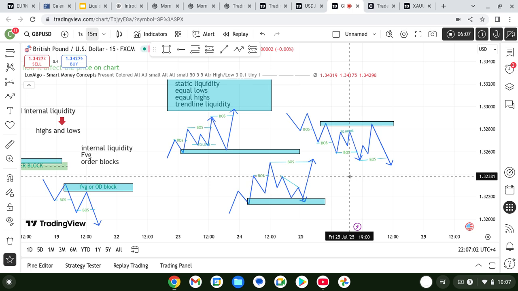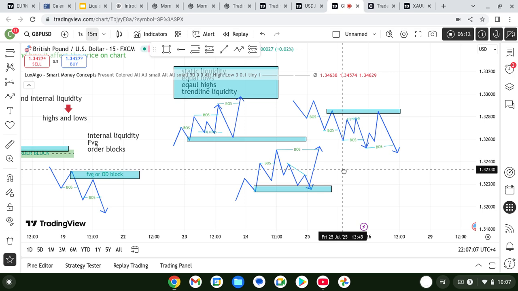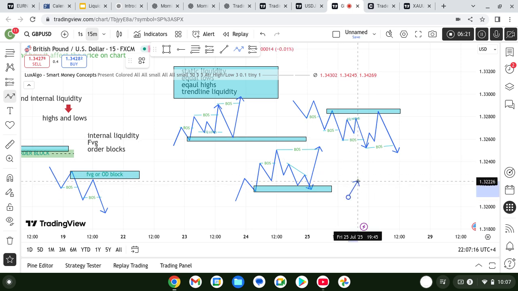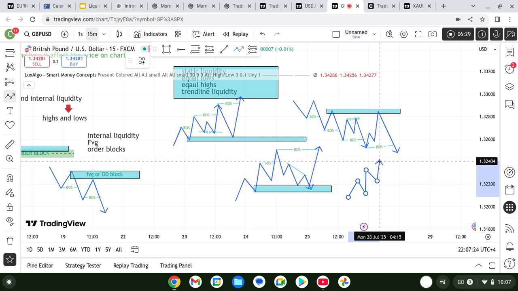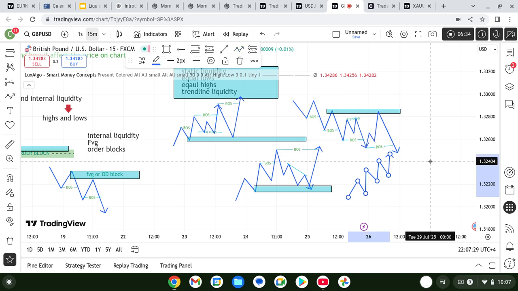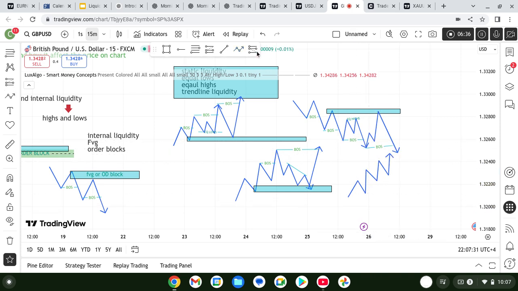Another one we have is trend line liquidity. Let me say the market was making lower lows and higher highs like this. Now we have a break of structure here.